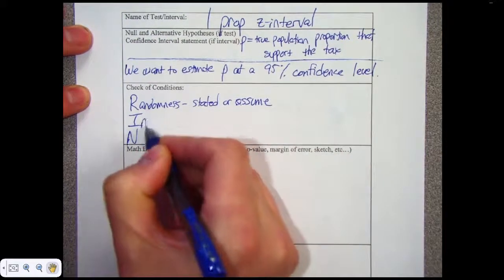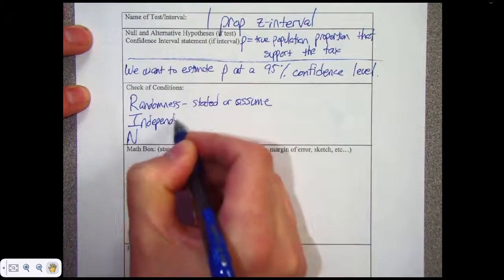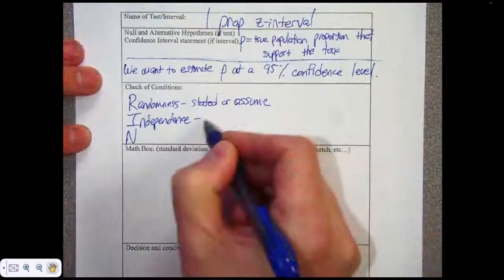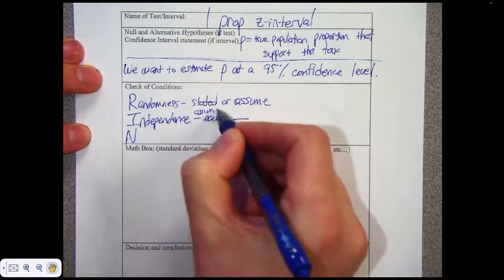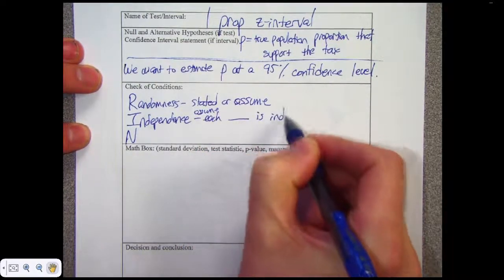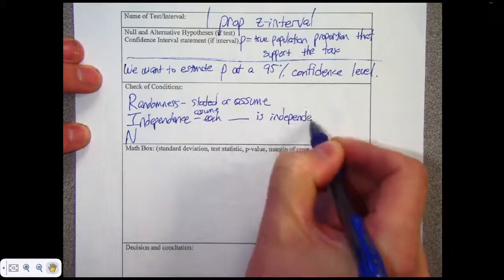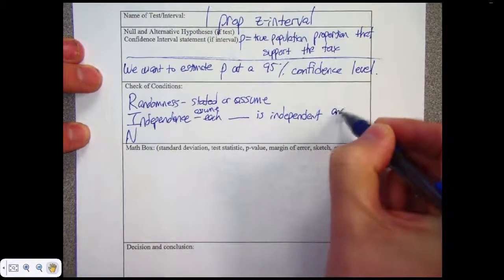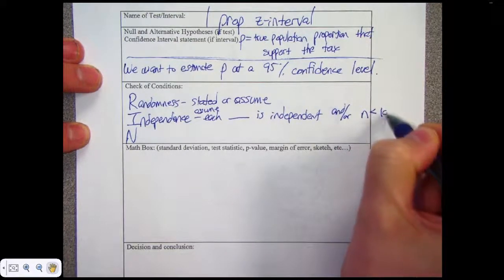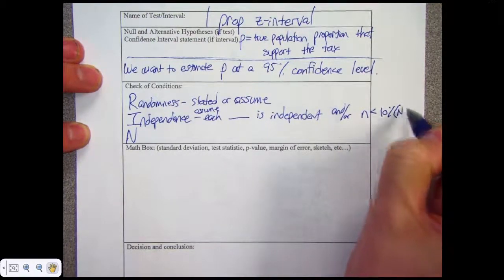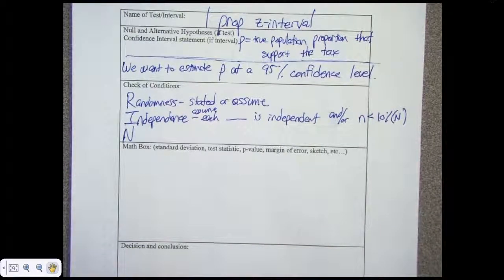What's the I? Independence. So you can assume each observation is independent. Or there's that other one where your sample has to be less than 10% of the population. Remember, small n is your sample size, big N is your population size. You want to be taking less than 10% of the population.